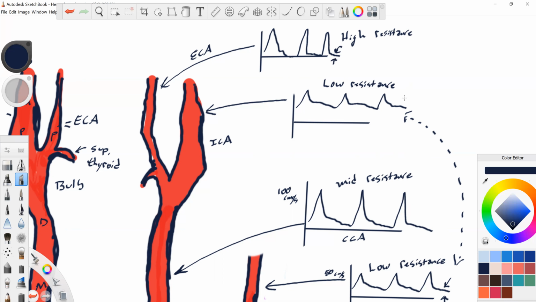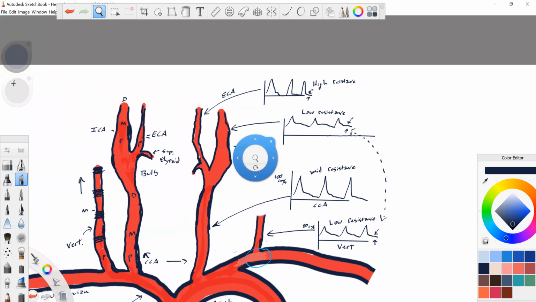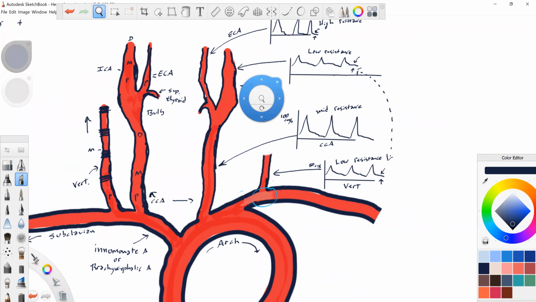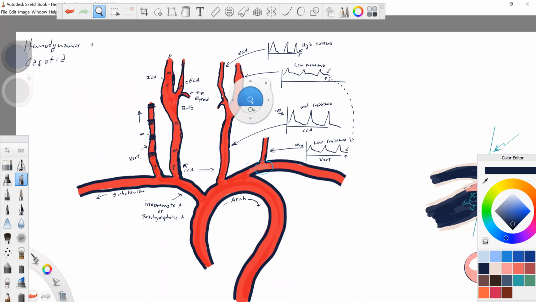Okay, end diastole. There are differences in different people on just how resistive each one of these arteries is. So we don't need to get too caught up, but it is a helpful thing to know the different resistances.